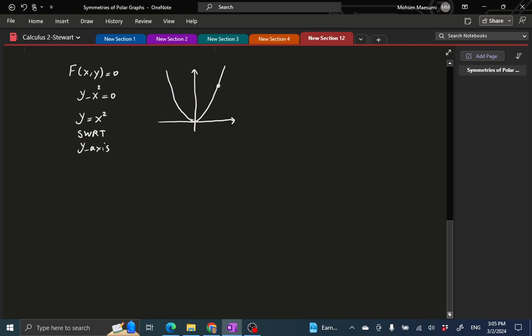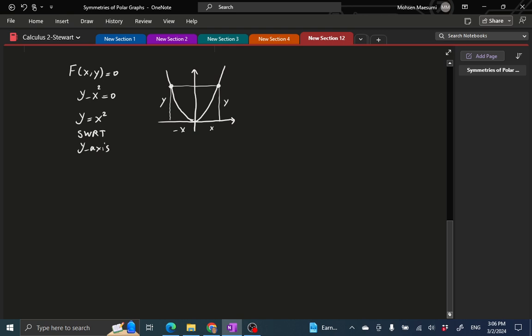So if I pick a point here, and this point has coordinates x and y, if I rotate this in space, the net effect is that this is going to come to this point here. Well, what are the coordinates of that point? The coordinates of this point are minus x and y.